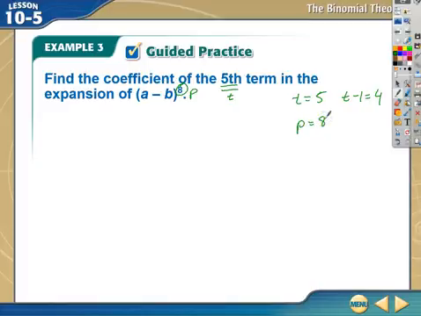And I just start plugging in: 8 choose t minus 1, which is 4, times a to the 8 minus t minus 1, which is 4, times negative b to the t minus 1 power, which is 4.